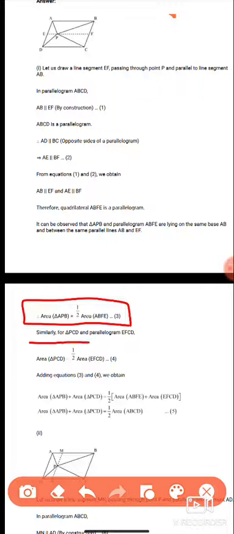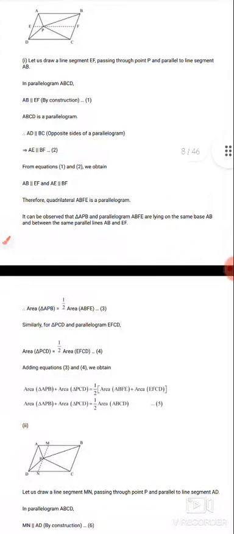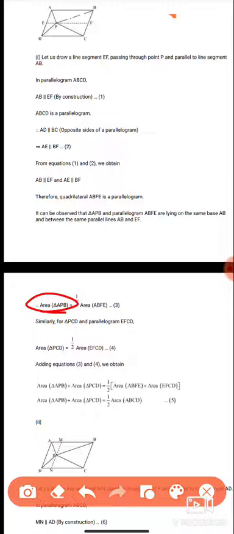Now similarly for triangle PCD and parallelogram EFCD, again you will have the same thing, that is area of triangle PCD will be equal to half of area of EFCD. Now if you add these two equations, area of triangle APB plus area of triangle PCD, you will get half of area of ABFE, this is equation number 3, plus area of EFCD.